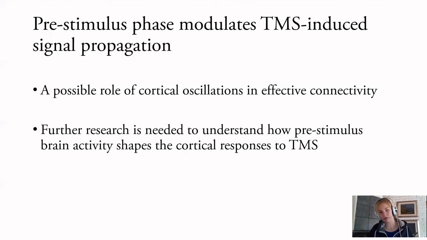However, more investigation is still needed, so we need more data and more subjects to quantify the results and to understand how the pre-stimulus brain activity shapes the cortical responses to TMS. And we should also likely adopt some new methodology. So, for example, it's possible that the correction method for the background neural activity didn't perfectly remove this oscillatory noise before the statistical comparison of the negative and positive phase classes.